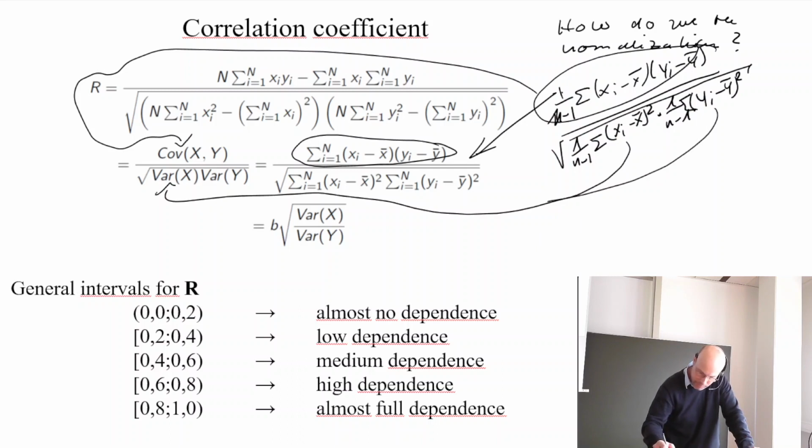And from this we see that this is nothing else than the covariance of x and y, and the variances of x and y multiplied by each other and taking the square root. And what does this mean?